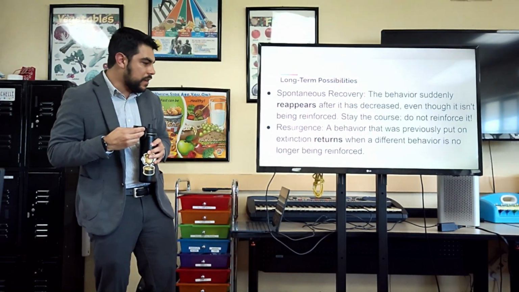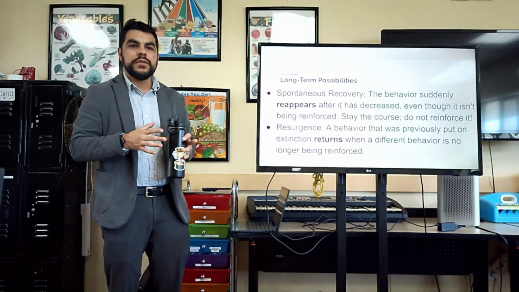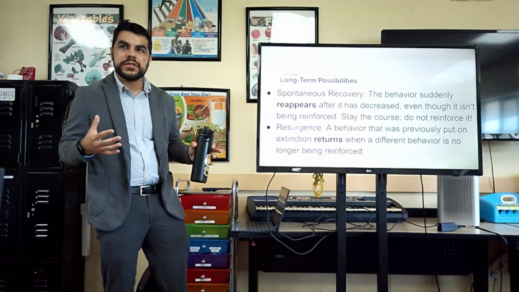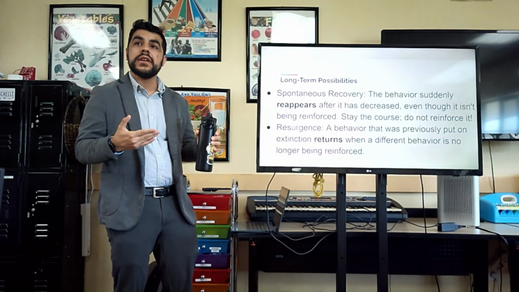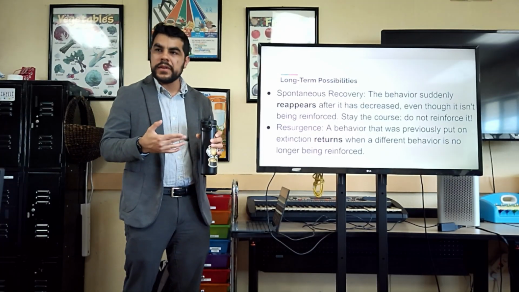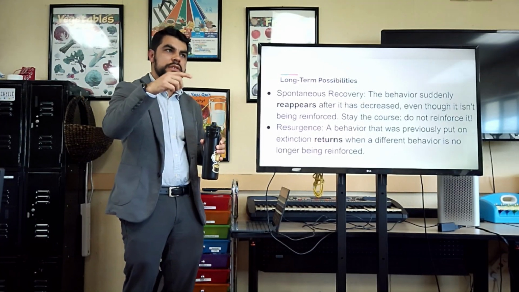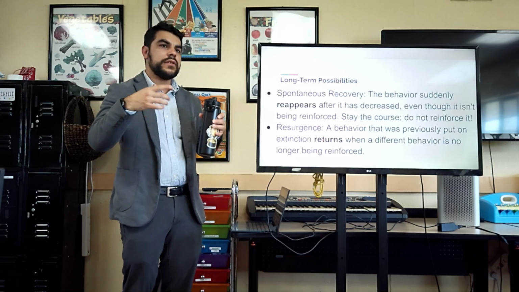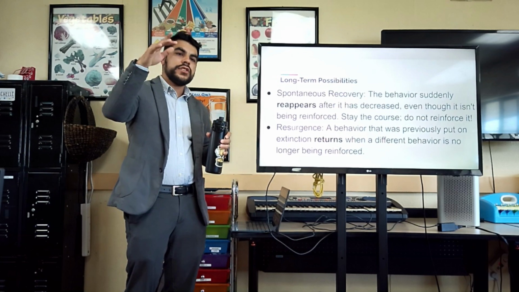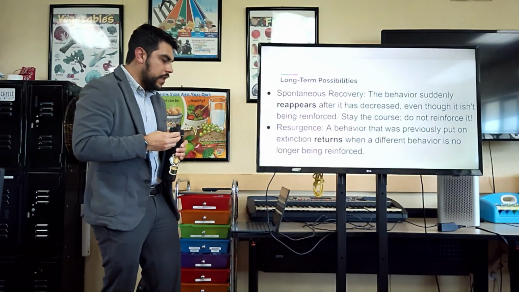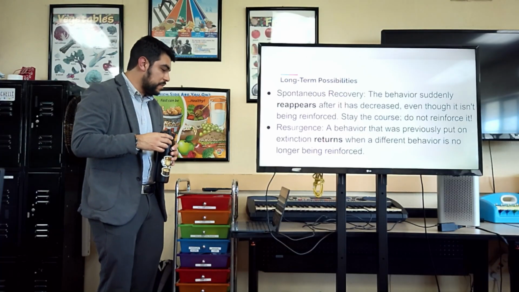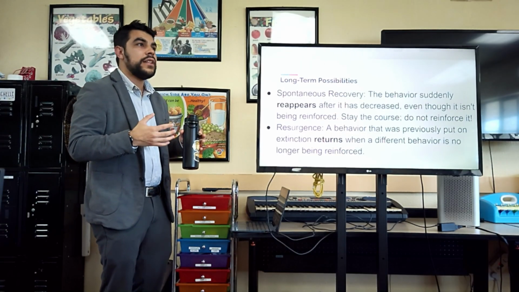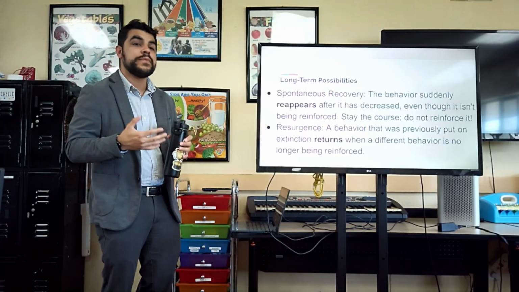Okay, and when it comes to the extinction burst, it's usually short-lived. If the extinction procedure is implemented properly, then that short burst of aggression or SIB or all those should go down. However, because behavior is complex and incredibly interesting, there are long-term effects that could play out.